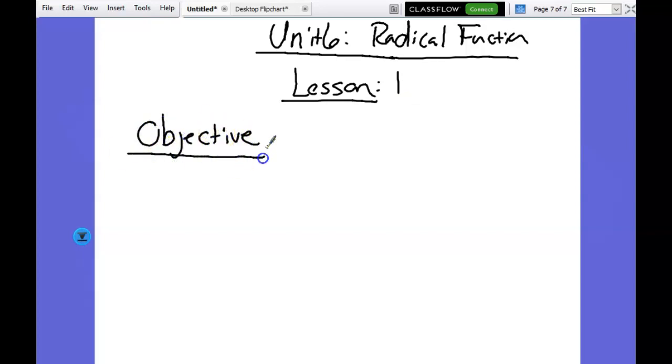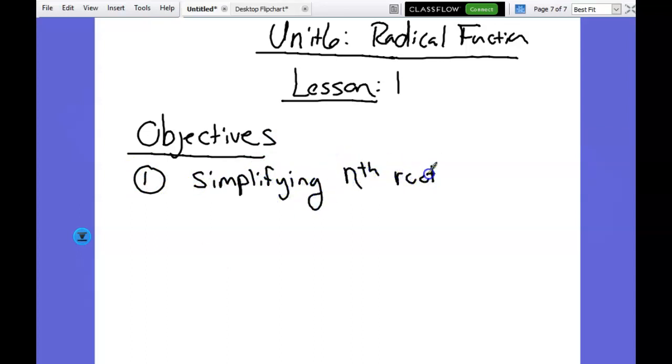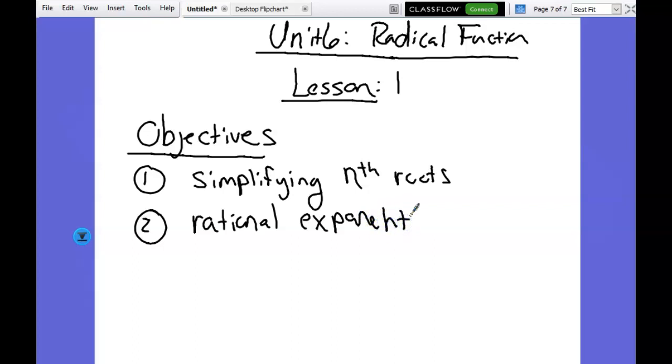We have 2 objectives, really. 1, simplifying nth roots. And 2, I'll explain this one later. It won't make sense yet. But we're also going to talk about rational exponents. For example, x to the a over b power.